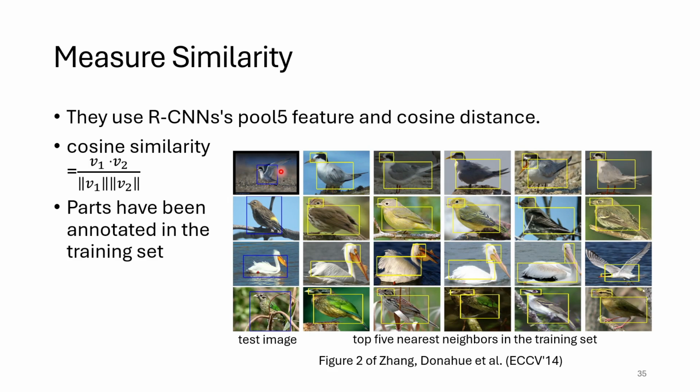For this example, they find that the five nearest neighbors are 1, 2, 3, 4, 5. So from here they can use the information: this is the head of the bird, and this is the body.